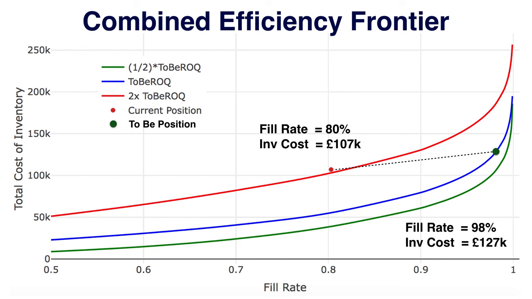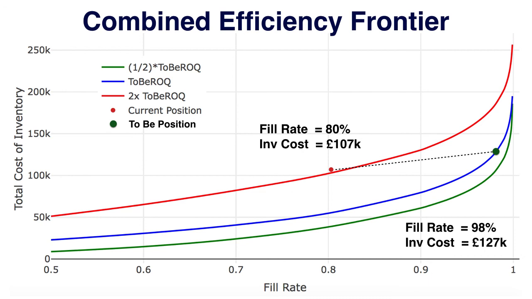the green curve, and if I come down on that green dot onto the green curve, then I can actually get 98% for much less, for about 100k roughly. So slightly reducing the inventory cost by 7k, but at a higher ToBe ROQ.